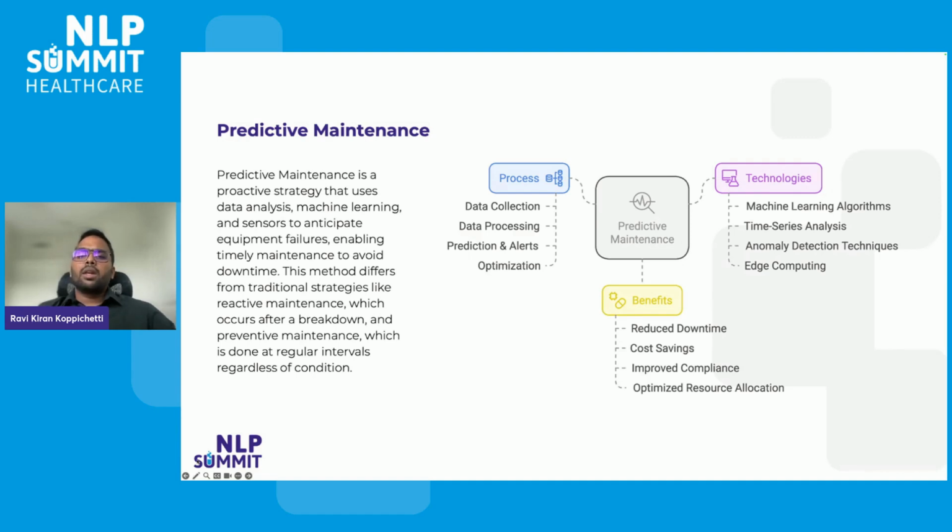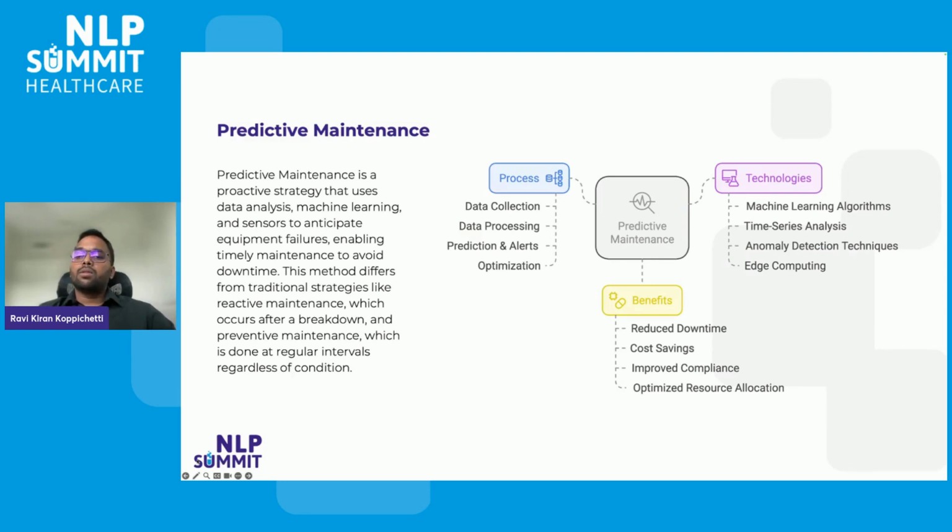Key technologies that enable predictive maintenance include machine learning algorithms such as random forest, time series models like LSTMs for forecasting the trends, anomaly detection methods that identify early signs of equipment wear. Edge computing further enhances real time decision making by allowing immediate analysis right at the machine itself.